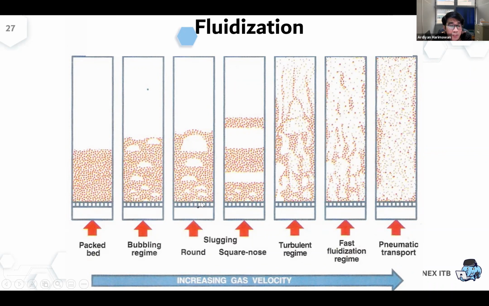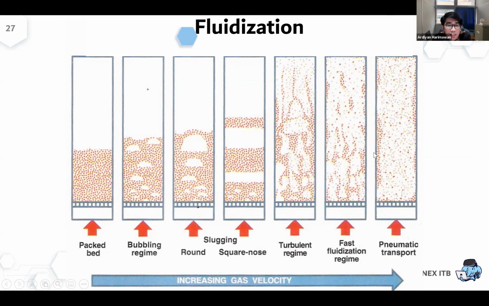The higher the velocity, the more visible the movement becomes, and at a certain gas velocity, the particles will move along with the gas. We call it the fluidization phenomenon. And I think I already explained this to you, right?